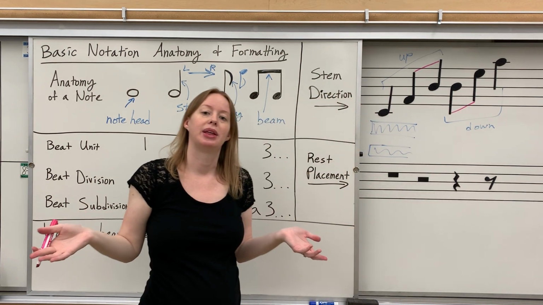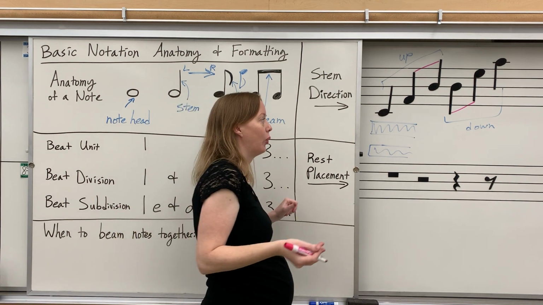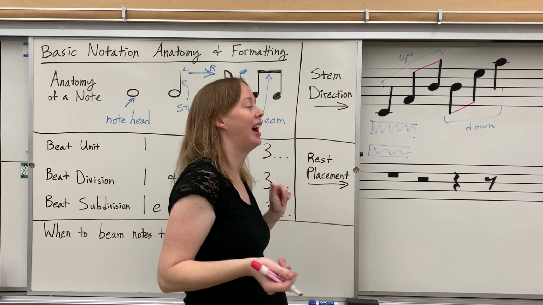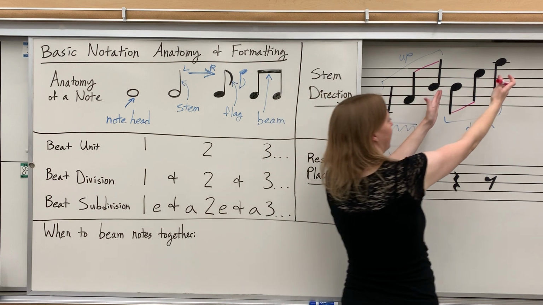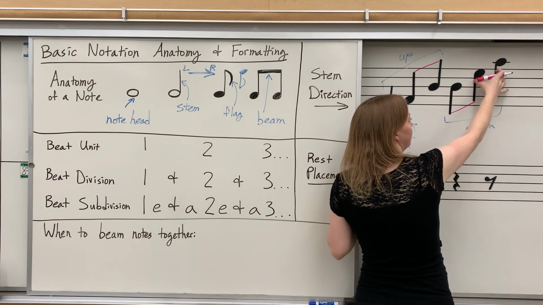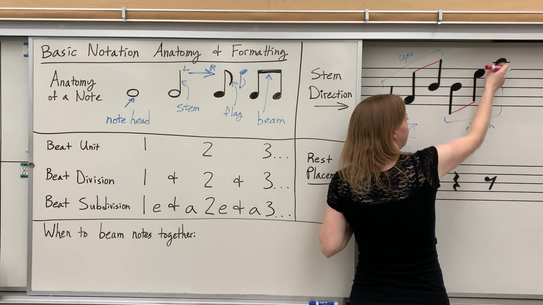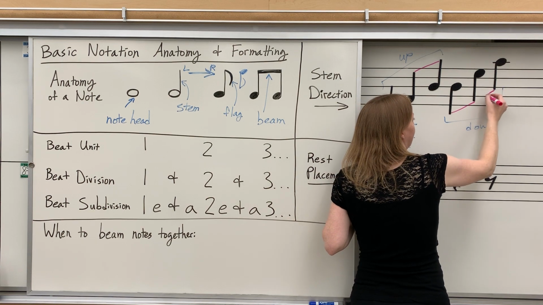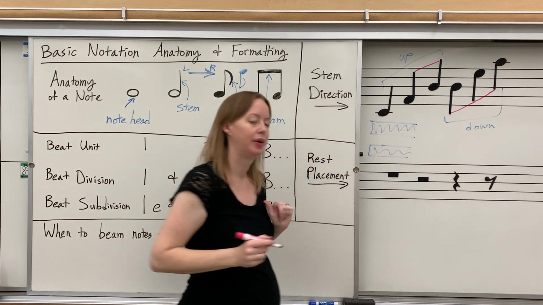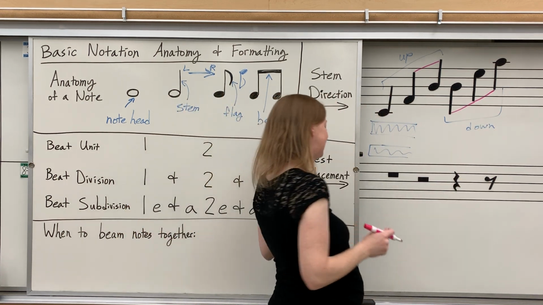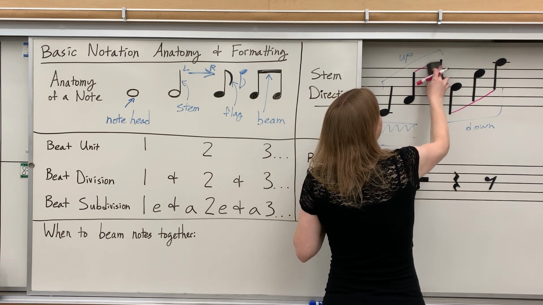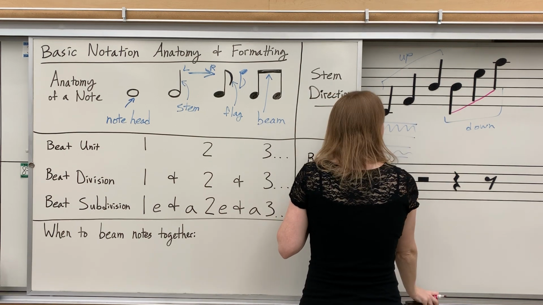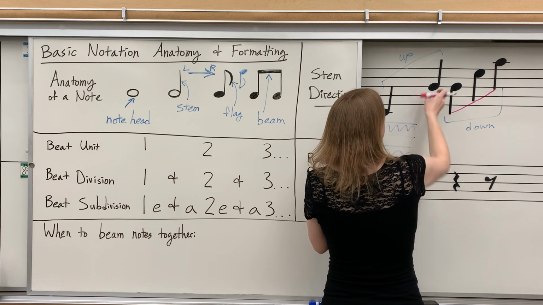Now let's say I'm beaming three notes together. Well, I can say, in this group of three right here, these two are definitely saying stem down, therefore I can put all three stem down. But let's say I've got some competing ideas, all right?